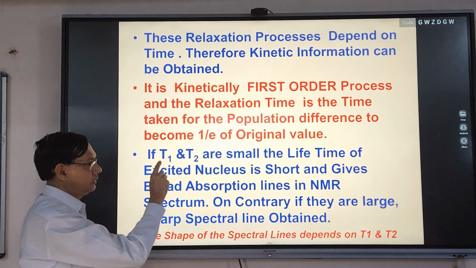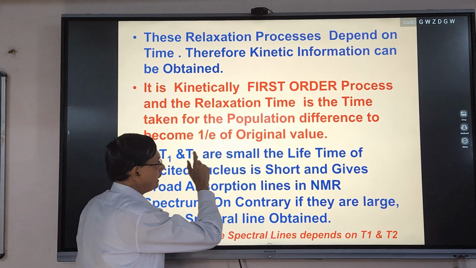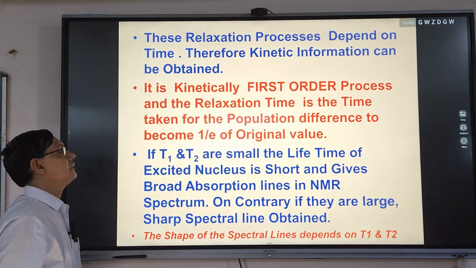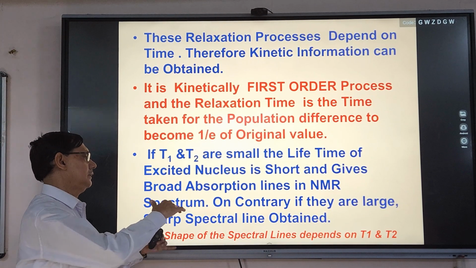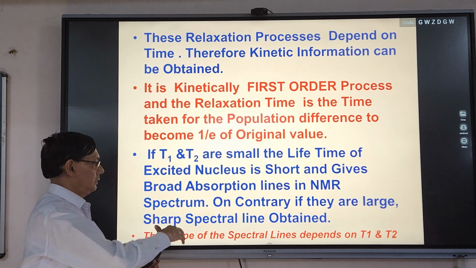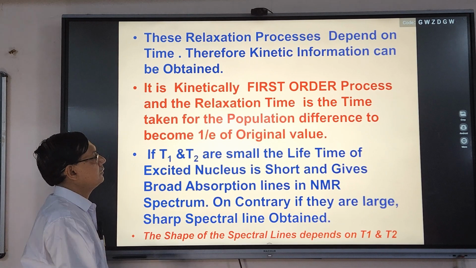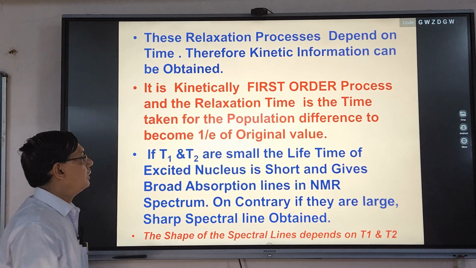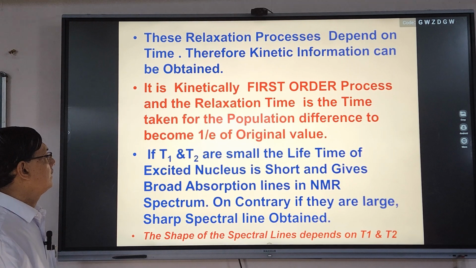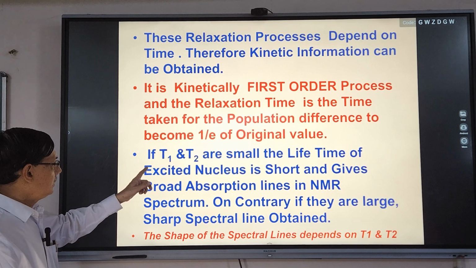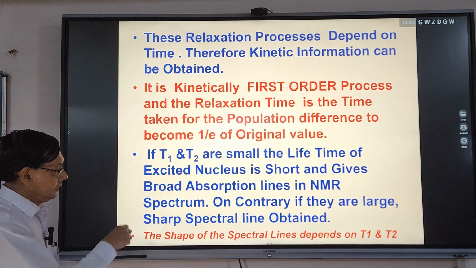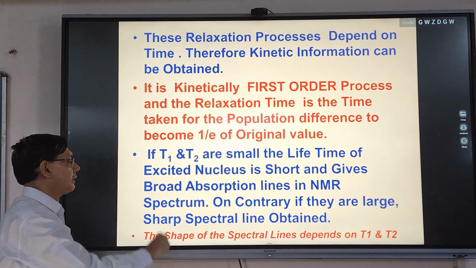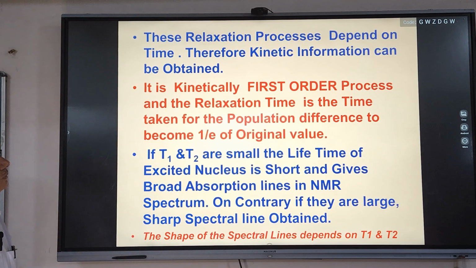That means if you understand the actual relaxation process and the relaxation time derivation, then I am saying to you that the Maxwell-Boltzmann statistics must be restored, because again it is the number of molecules and other things. Now how do you correlate the NMR spectrum with the T1 and T2 values?